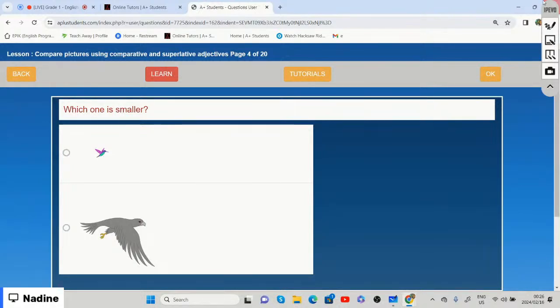So we need to say which one is smaller. Which one is smaller? And if we say which one is smaller, we're going to choose the first one and identify a tiny small bird.